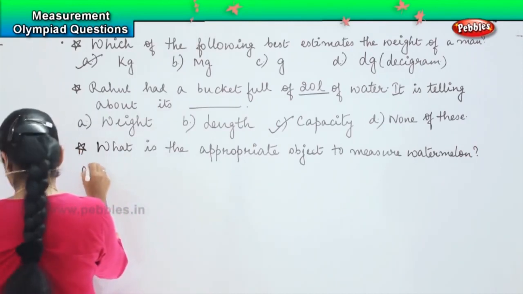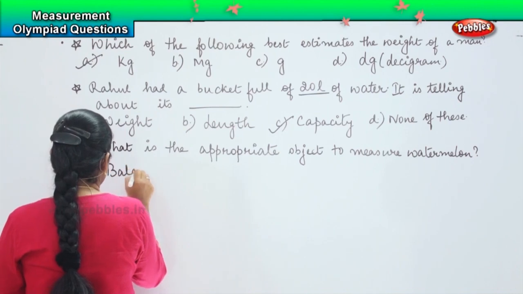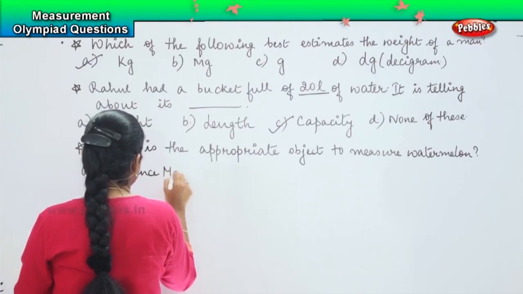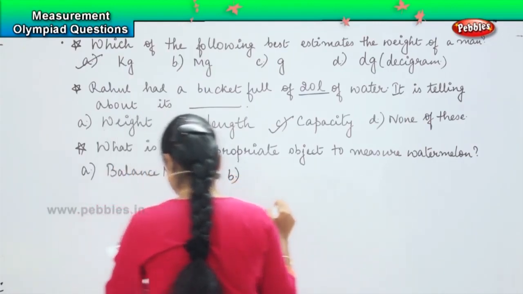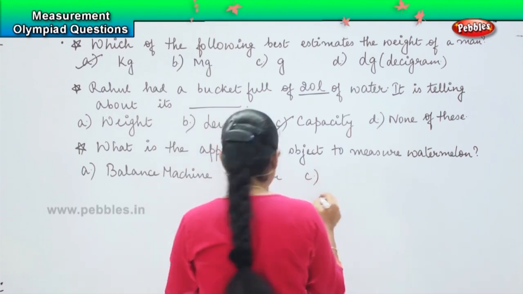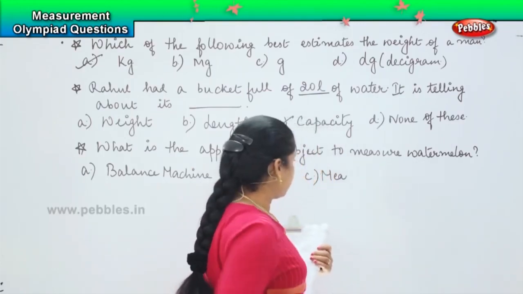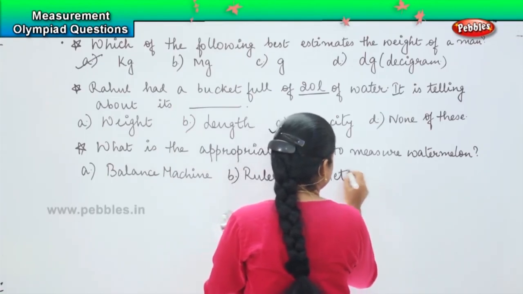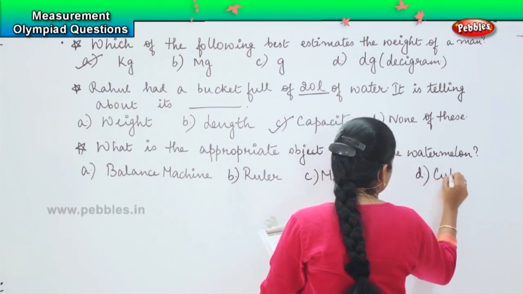And your options are A, balance machine, B, ruler, C, meter tape, and D, cubit.